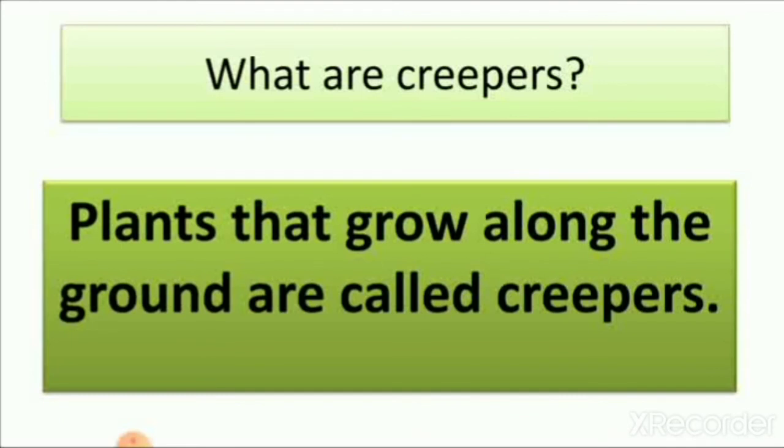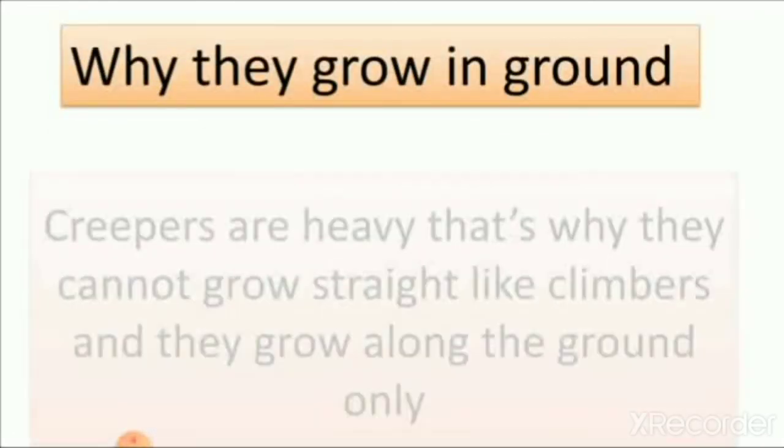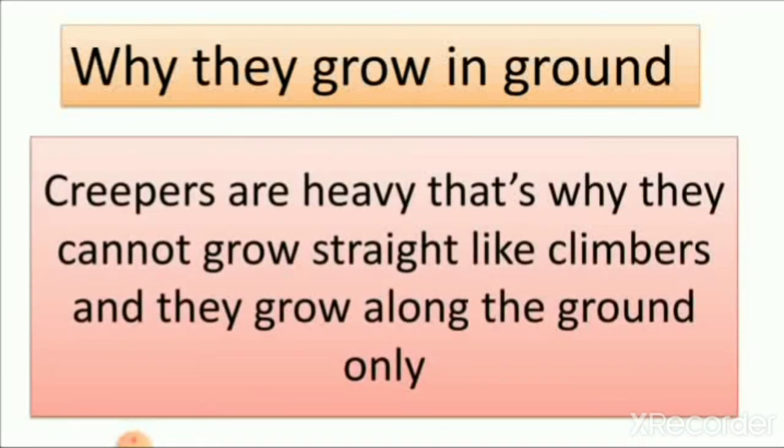Then what are creepers? So we learn that plants that grow along the ground are called creepers. So here we can see the creepers. Then why do they grow on the ground? Because creepers are heavy, that's why they cannot grow straight like climbers, and they grow along the ground only because they are very heavy.